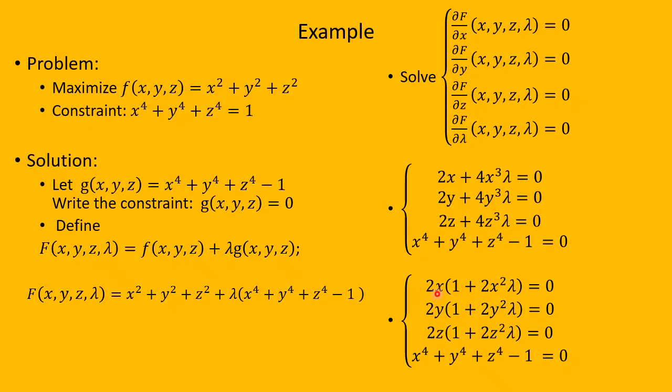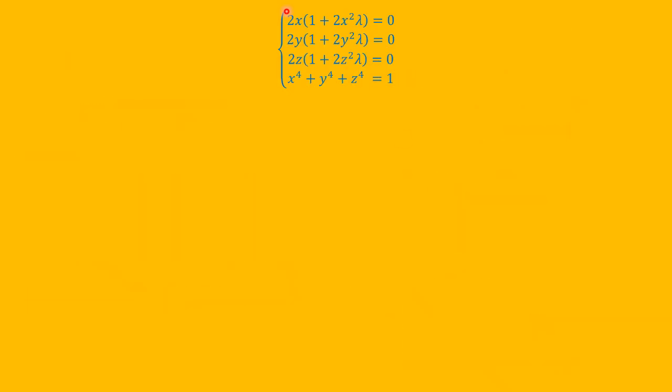So now we need to solve these equations for x, y, and z, and I guess you can say also solve for lambda along the way. But we're really interested in the x, y, z values for these 4 equations in 4 unknowns. So these are the equations that we're trying to solve.